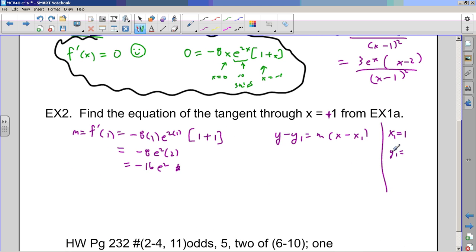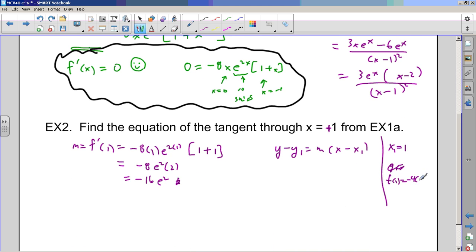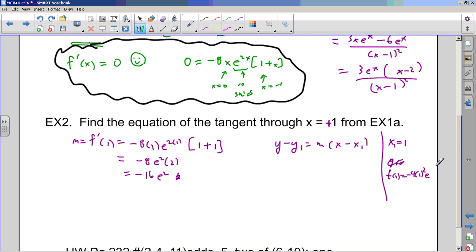Well, let's do that. F at 1 is equal to negative 4 times 1 squared, e to the exponent 2 times 1. Running out of room, but you get negative 4e squared.